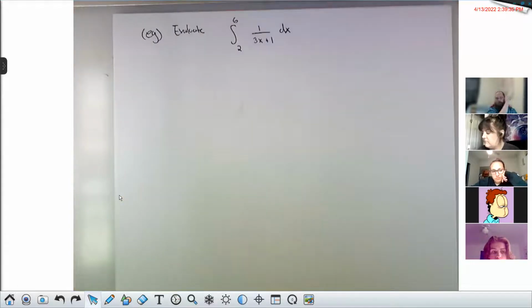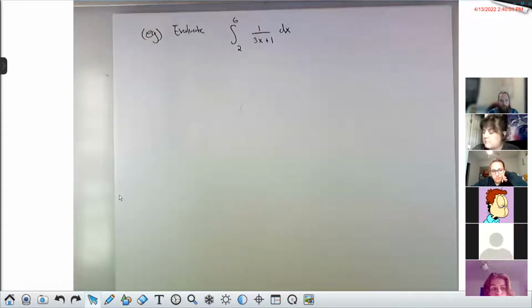Let's do the integral from 2 to 6 of 1 over 3x plus 1. Can anybody recommend a substitution here? 3x plus 1.